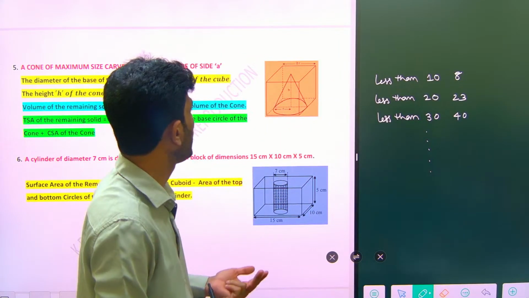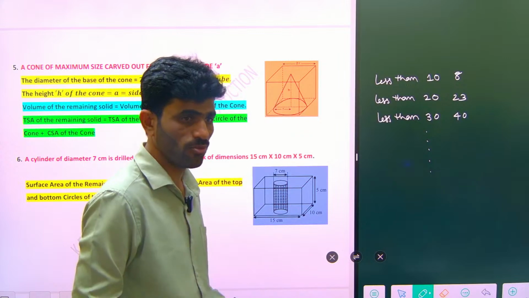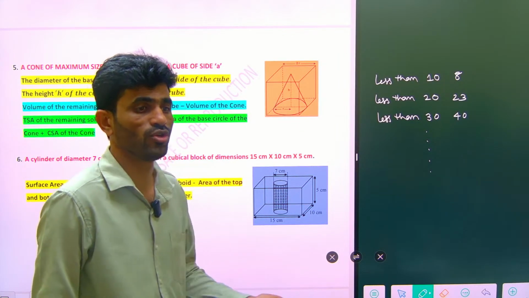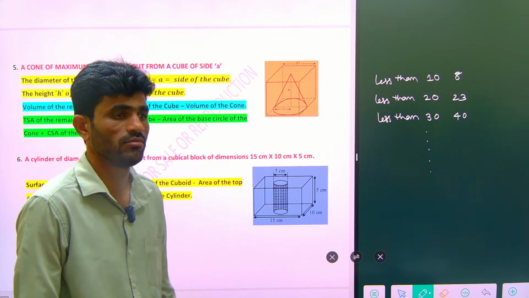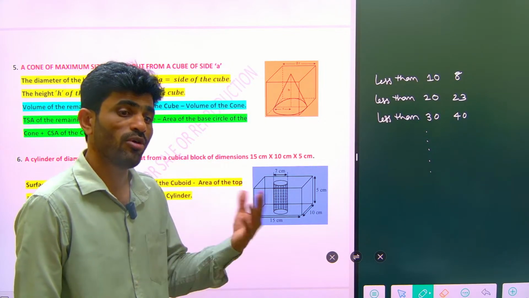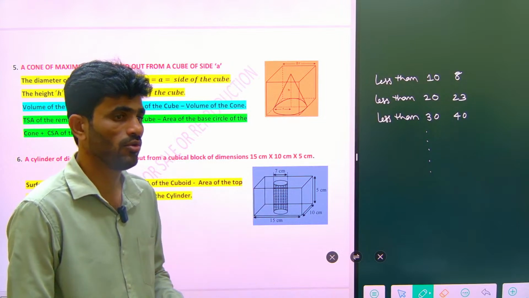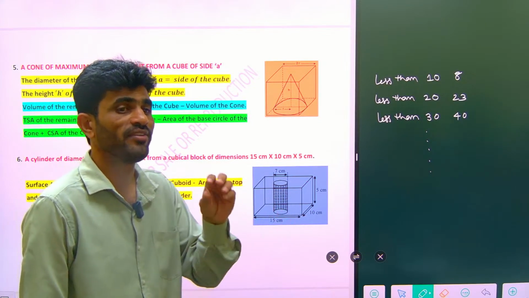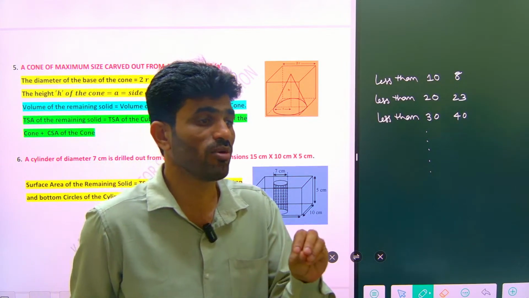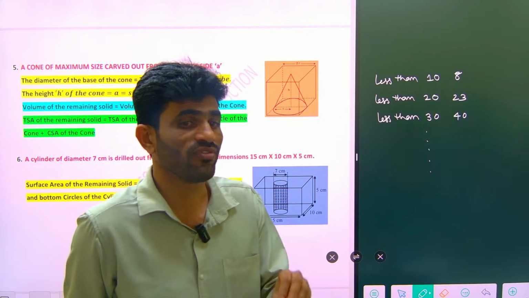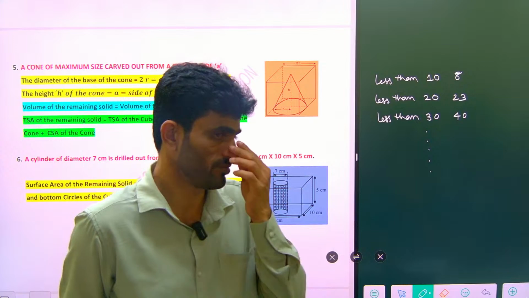Okay. If they ask you to find out the volume after the cone is removed, how do you find out? Volume of cube minus volume of cone. That's it, because it is removed. If they ask you what is the largest volume of cone that can be scooped out, in that case you have to find out only volume of cone.